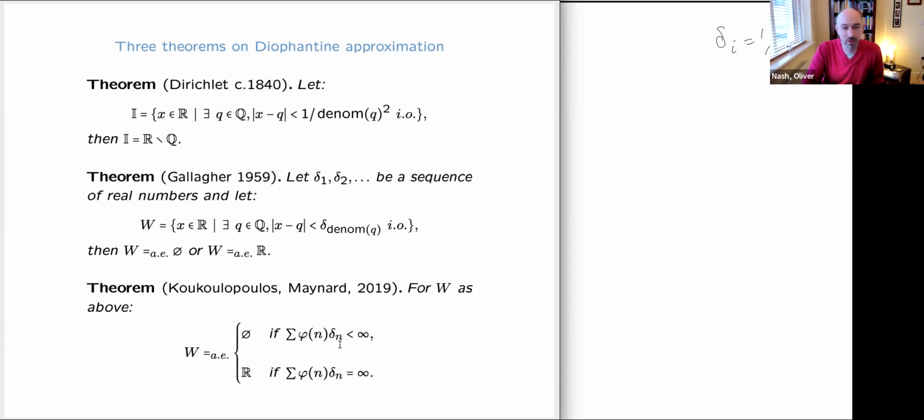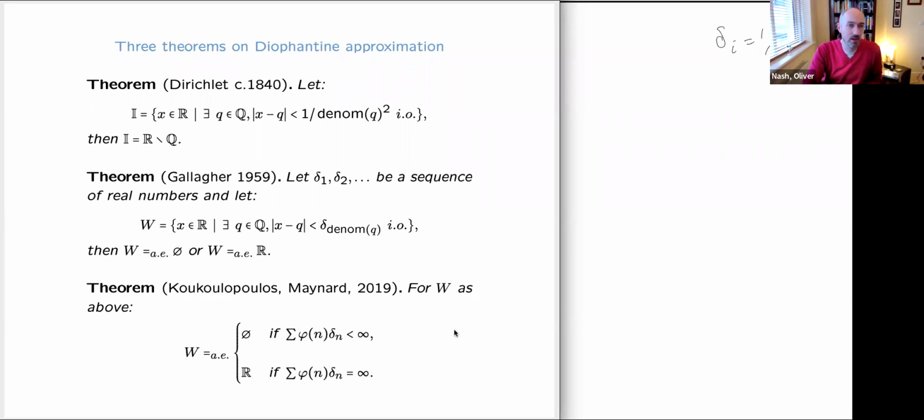If you give a sequence of delta n's, and you want to know whether you can approximate almost all or almost no numbers relative to delta n infinitely often, then all you need to do is sum it against the totient function. Phi here is Euler's totient function. If the sum is finite, it's almost no numbers. And if it's infinite, then it's almost all numbers.